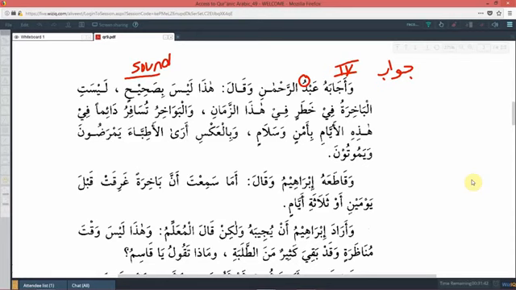صحة, right? ليست الباخرة. ليس is a negation. ليست الباخرة, the bakhira, the steamboat, is not في خطر, is not in danger. في هذا الزمان, from zay mean noon, meaning time, in this period, in this age, in this time.